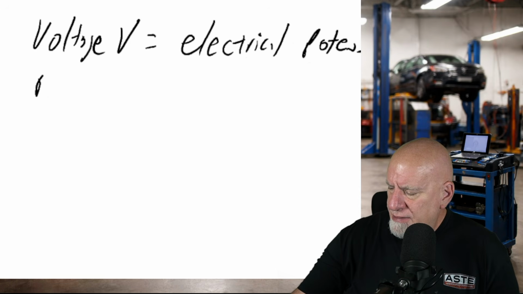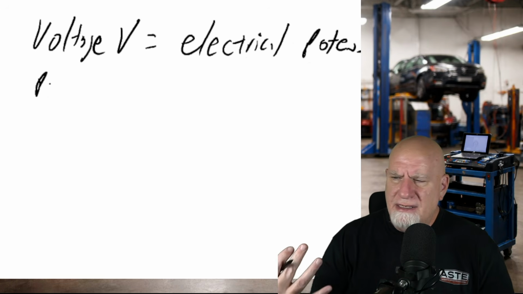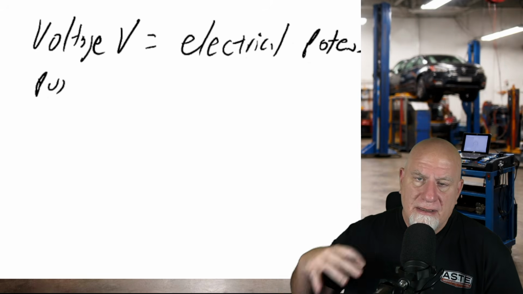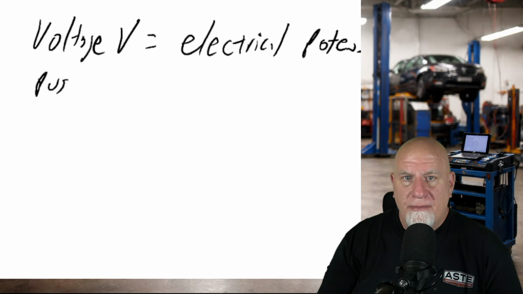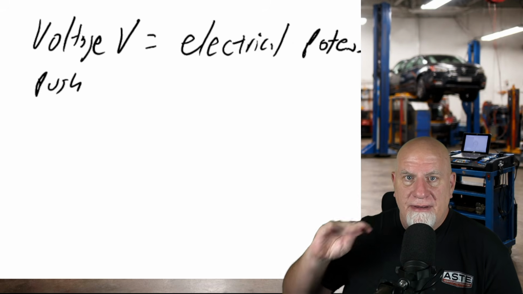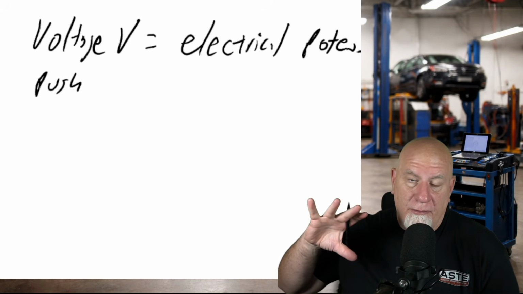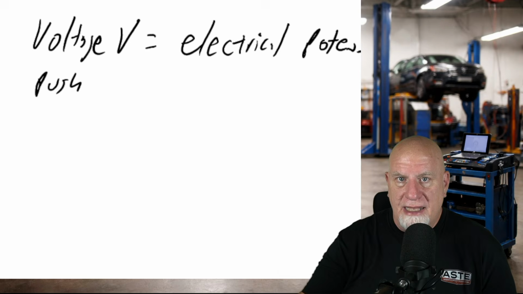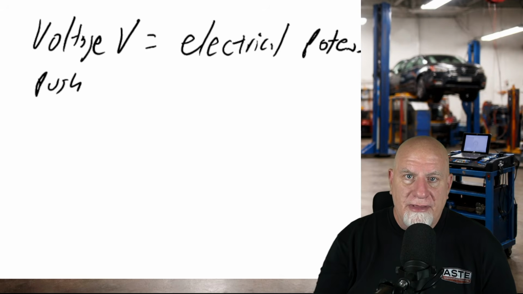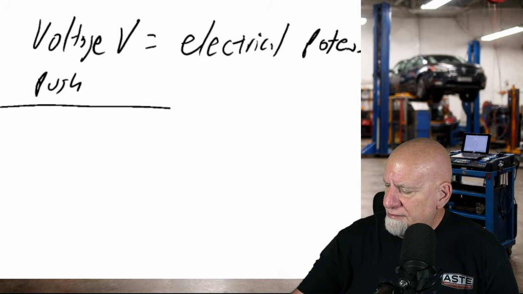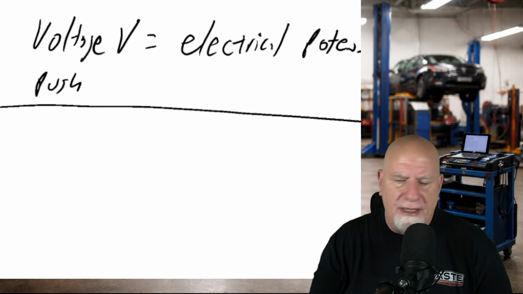And the way I relate this to my students is it's like us pushing a car. The more students we have, the higher the voltage would be, and the quicker the vehicle is going to be moved. So think of voltage as the push or the electrical potential in a circuit. And hopefully that will help you understand it a little bit better.